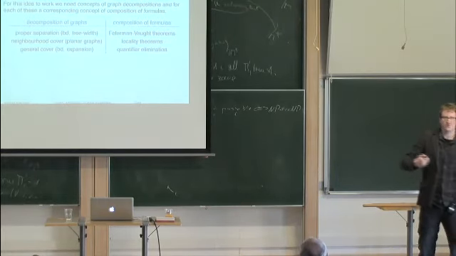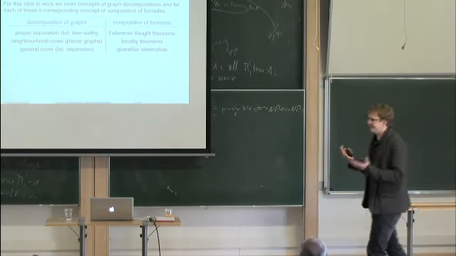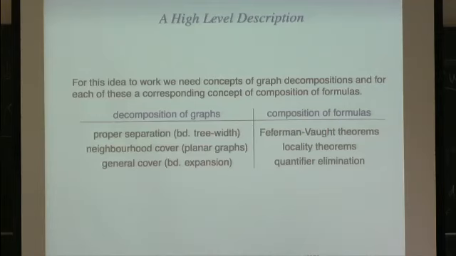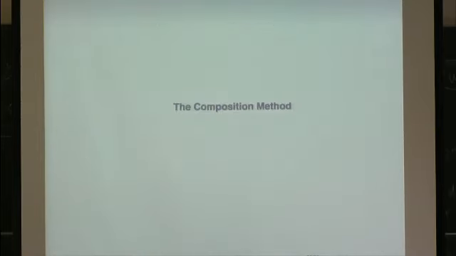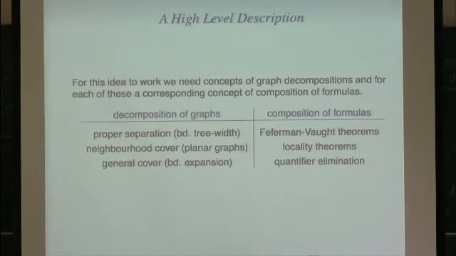And so what all these results are proved by, they come in 2 components. One is we need a suitable notion of decomposition of graphs. For tree width, it's a proper separation into nearly disjoint subgraphs, and so on. And then on the logical side, you need the corresponding decomposition or composition theorems for logic, namely that tell you that once you solve your problem on the subgraphs you've defined, then you can actually combine them somehow.